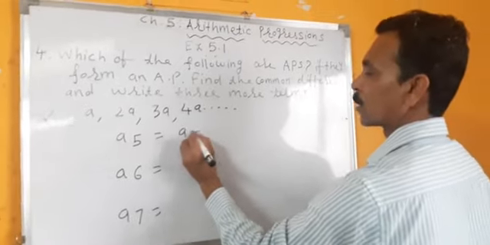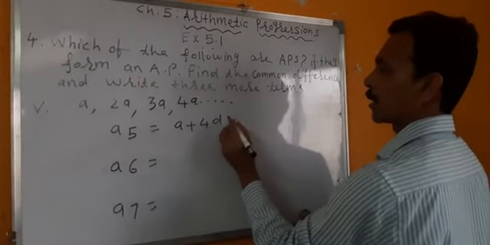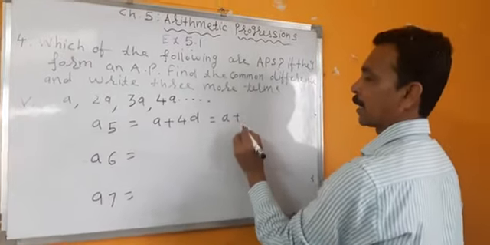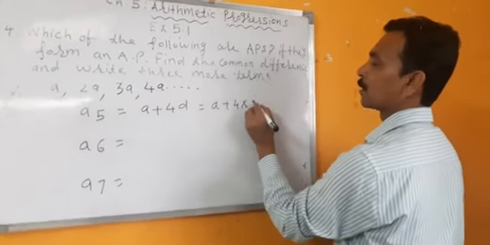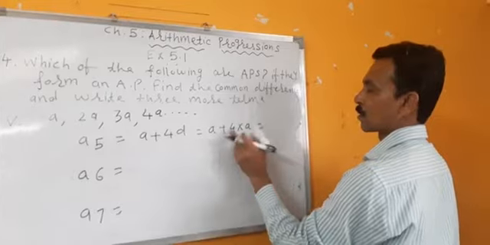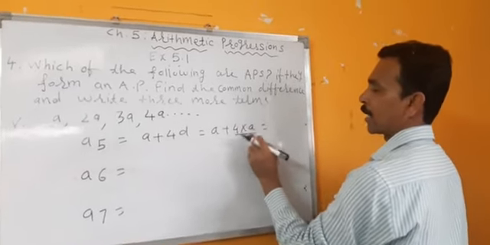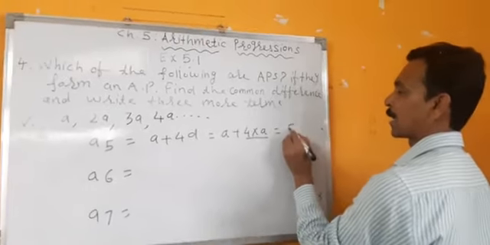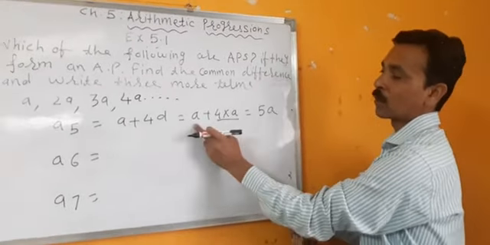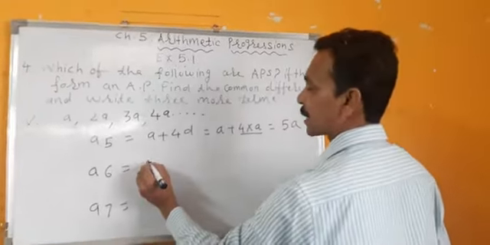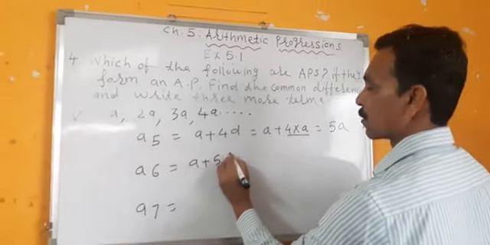A5 is equal to A plus 4D. A is what? A, plus 4 into what was the D? A, right? So it is 4 into A is 4A. 4A plus A, 5A, right? A6 is equal to A plus 5D.